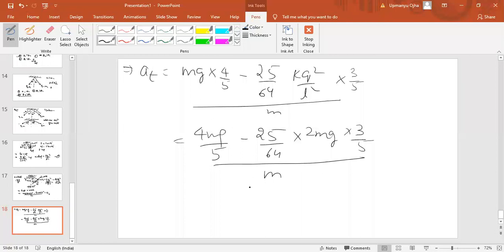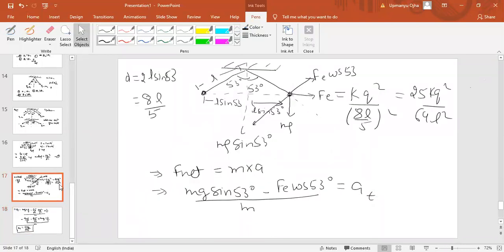Okay, fine. I think we can solve this now. If you solve, we get the answer around 53g by 175.